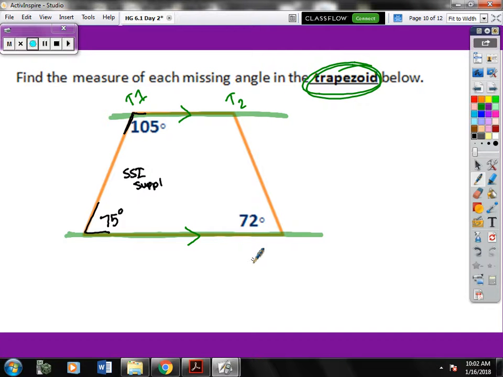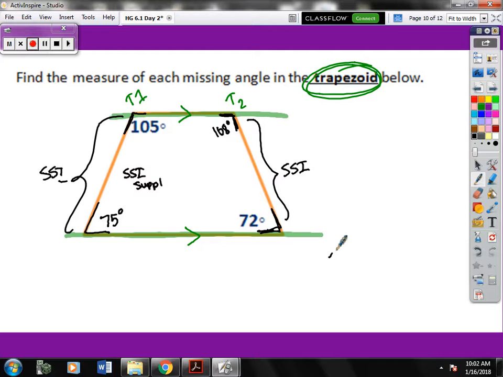Okay, so you kind of give away the answer for the second one. These two angles are also same side interior. And those two are same side interior. These two are not same side interior because those lines aren't parallel. Okay. So this one will get us 108.